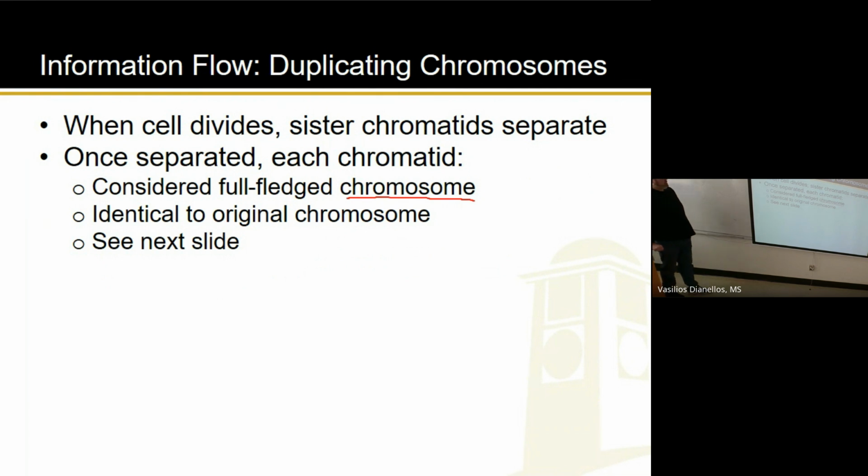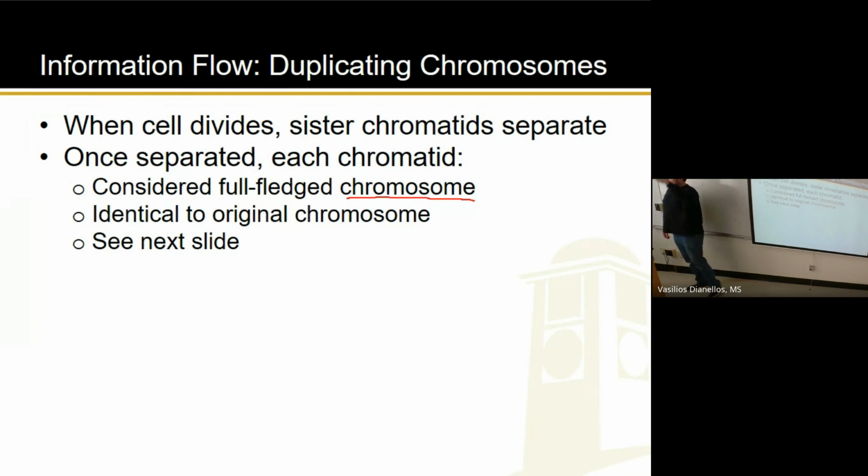Now, even though they've been pulled apart, they're still identical to the original chromosome, because it's still genetically identical. We had the one chromosome, it duplicated itself, so we had two, and then those get separated, and they're both genetically identical. The next slide I'm going to show you is a picture of this happening.